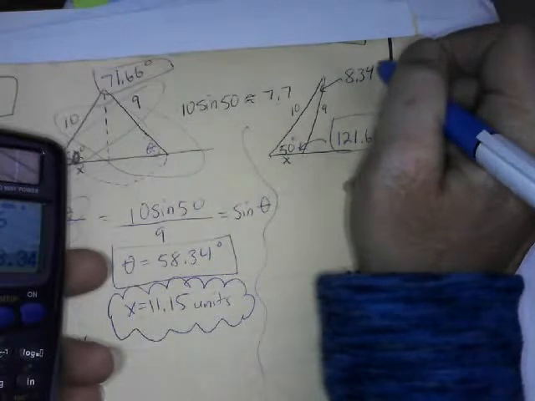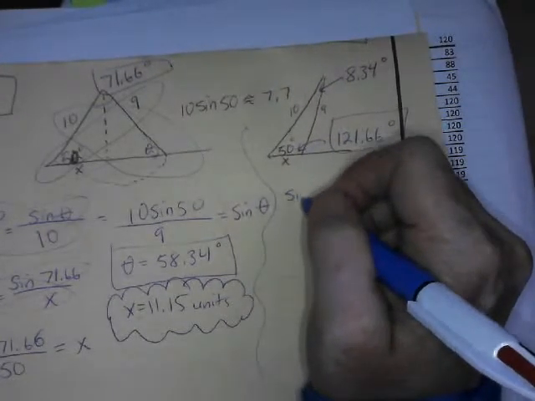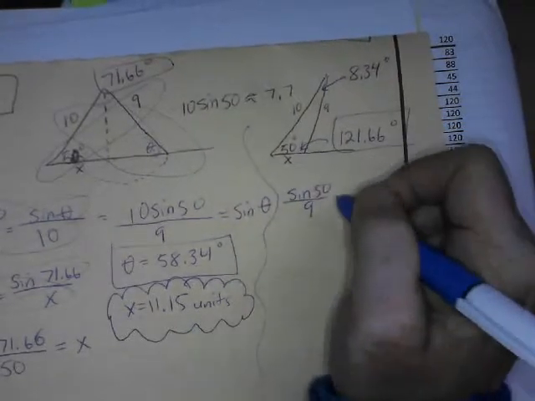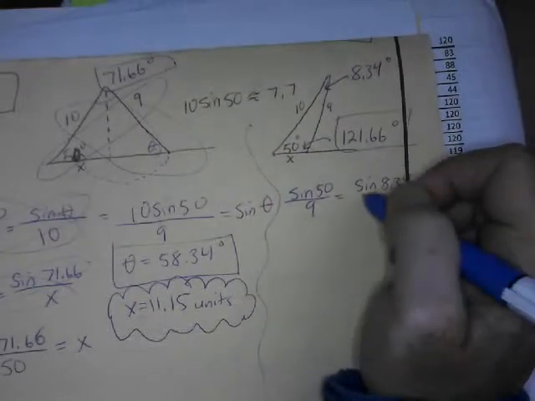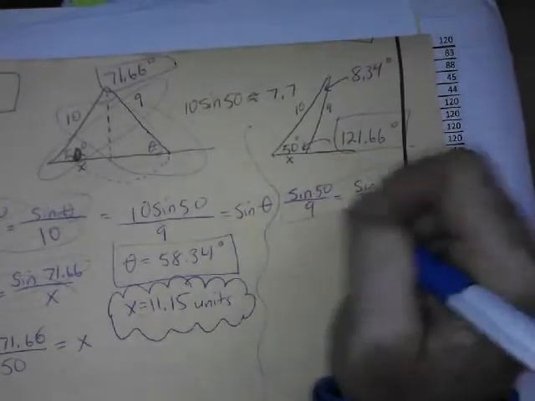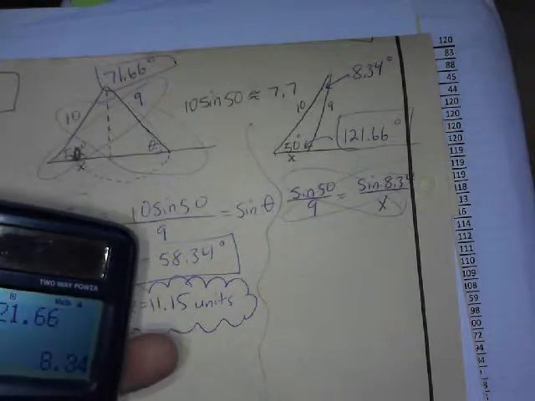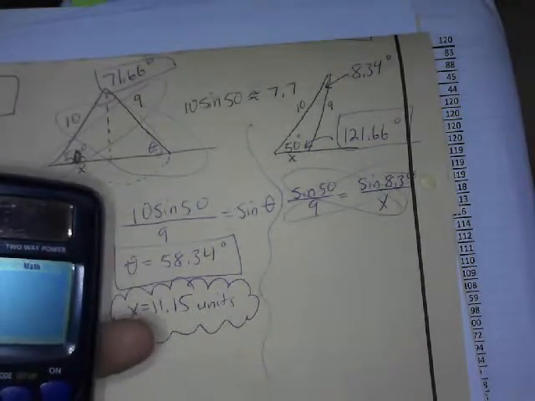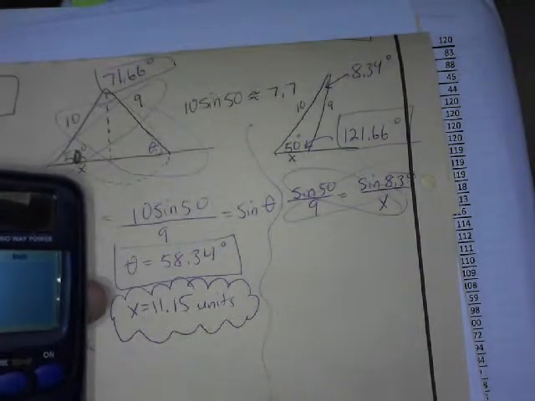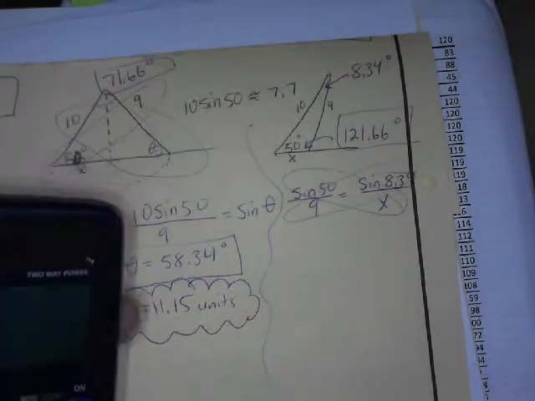Now I can go sine of 50 is to 9 as sine of 8.34 is to X. So cross products, 9 sine of 8.34 divided by sine of 50.